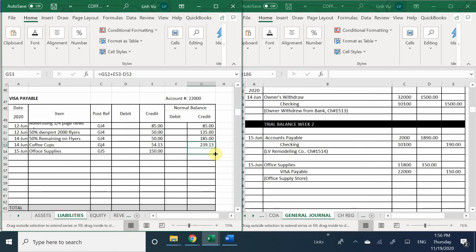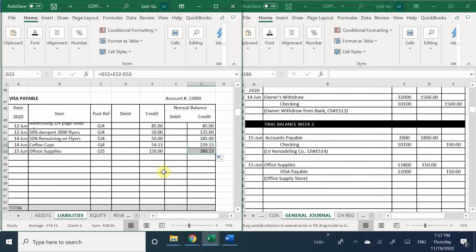Hang on. Mine is just coming up with an error value, so I clearly did mine wrong here. And that's going to be plus this and then minus. All right, so it comes to $389.13 for our office supplies under credit.